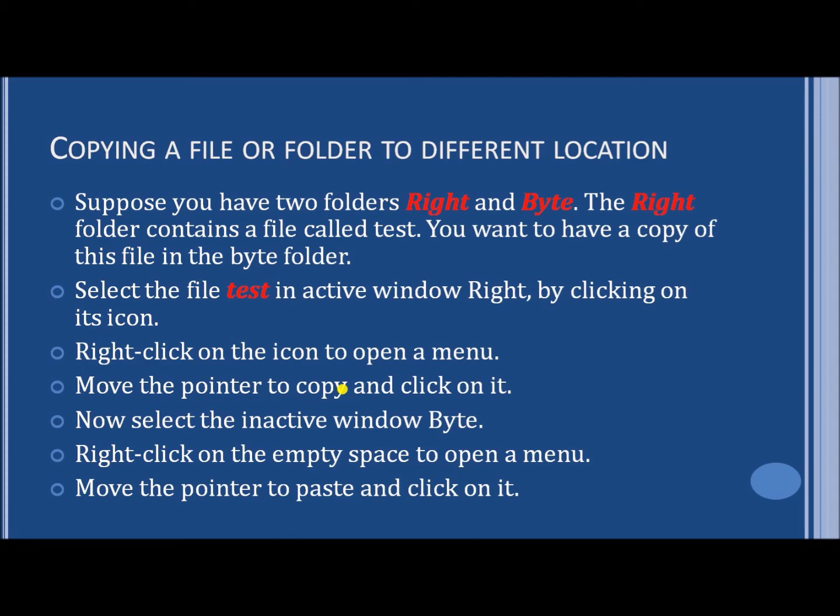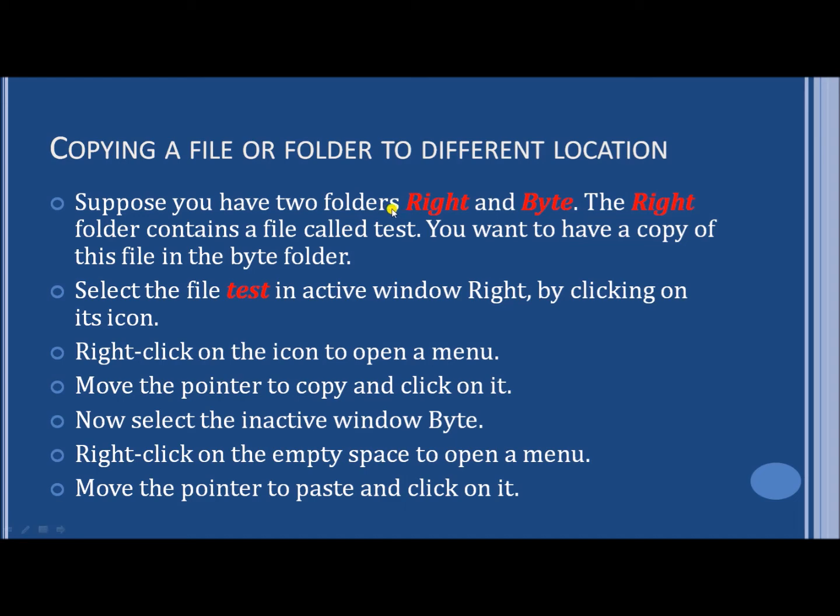That means when you have one file placed in some location in your hard drive, and you want to copy that file somewhere else in your hard drive, how will you do that?